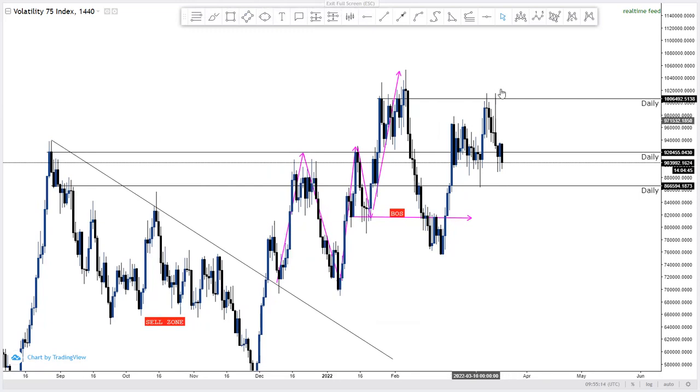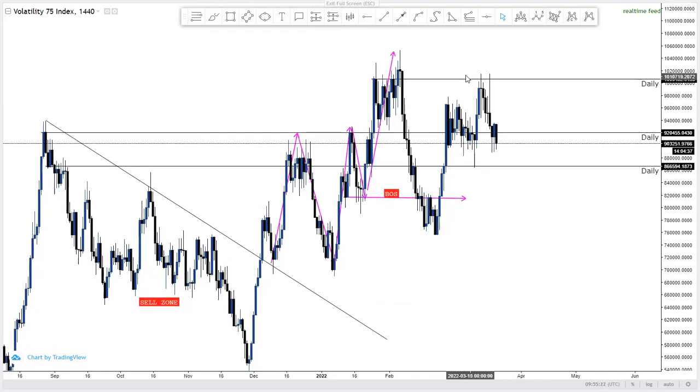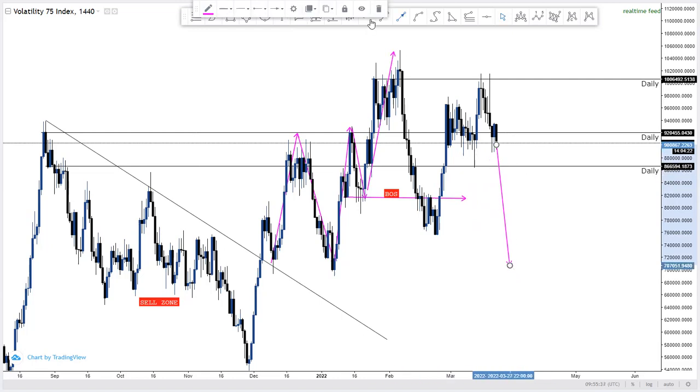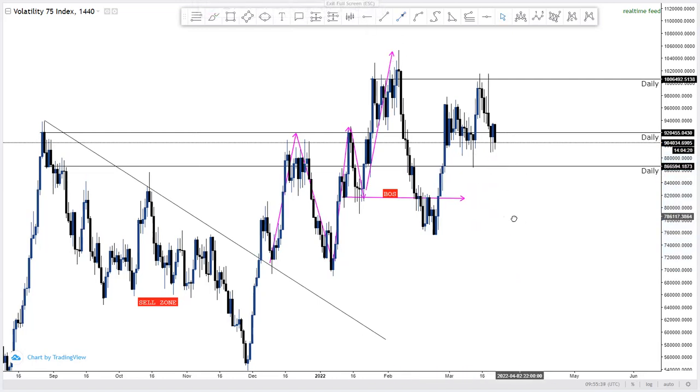Then that high that it made was lower than that recent high. If you check this high, it's lower than that one. So that's a lower high. So we're expecting the market to either come and break that low and give us something like a lower low down there.